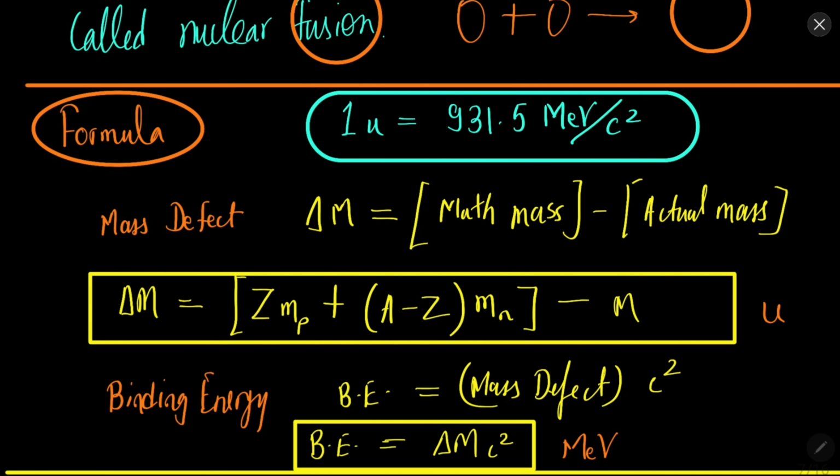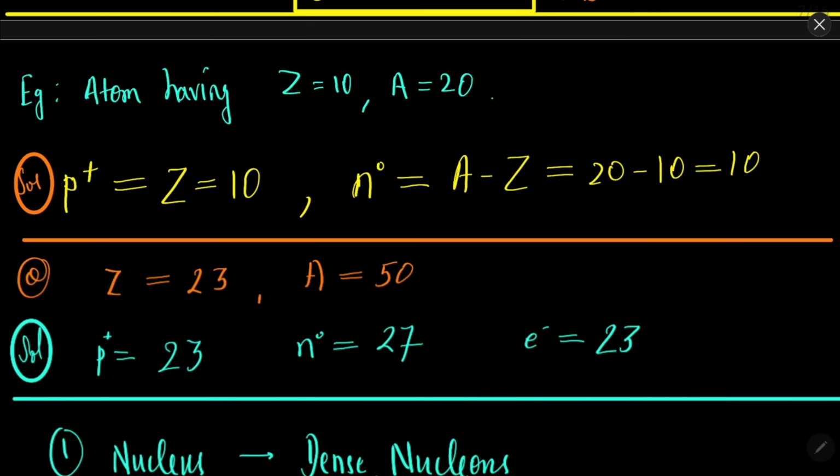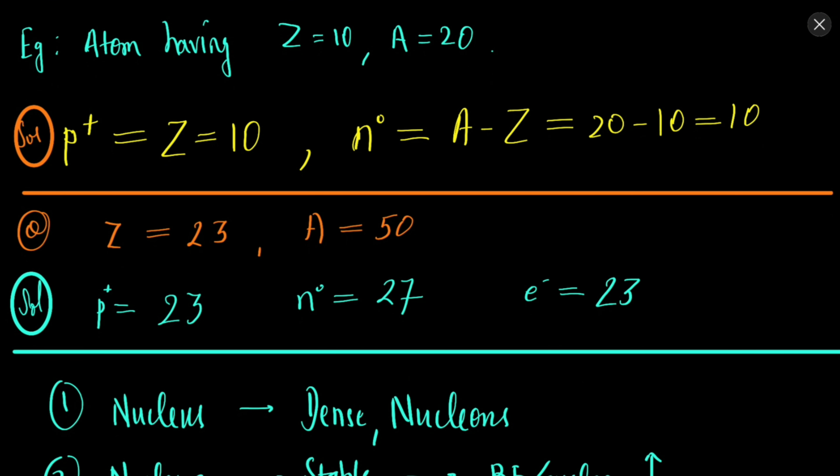This is the conversion between unified mass u and MeV. Now for example, let's say we have an atom having mass number 20 and atomic number 10. So atomic number is 10, that means protons are 10, and if mass number is 20, then neutrons are 20 minus 10, that is 10. So it's quite understandable, 10 neutrons and 10 protons make mass number 20.